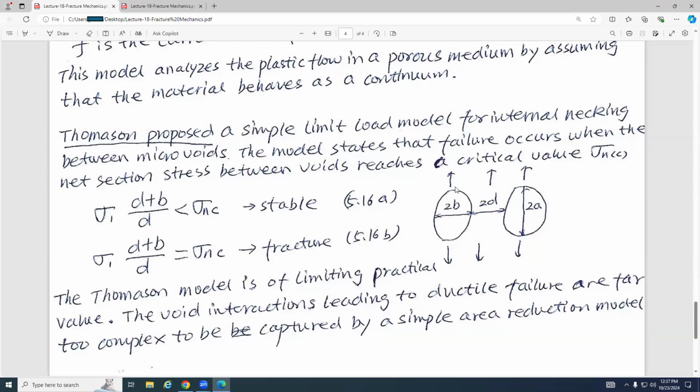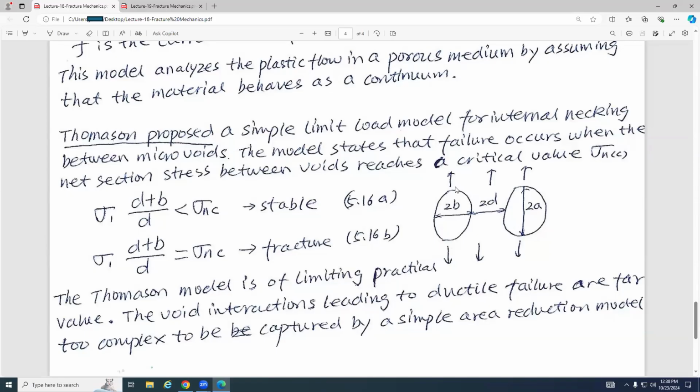Can I write this down? I did not write it down here. So suppose this is sigma 1, I have the remote loading. And D is the width between the two voids. D plus B, right?